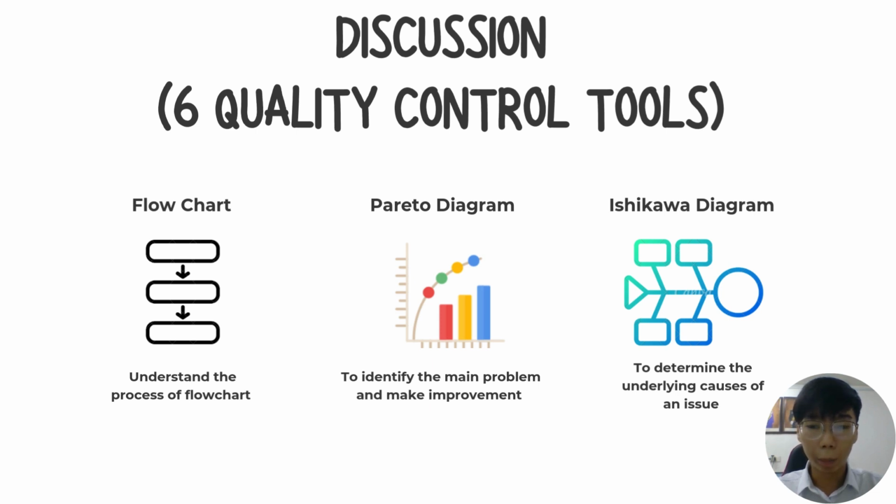In Pareto diagram, we can identify the problems and find solutions. After that, we can identify underlying causes of the main problem by using Ishikawa diagram. In this Ishikawa diagram, we can categorize all the causes into four groups, which are machines, materials, people, and methods.